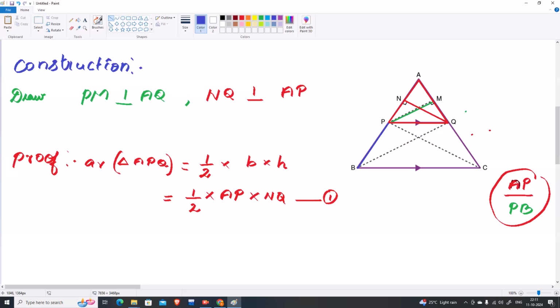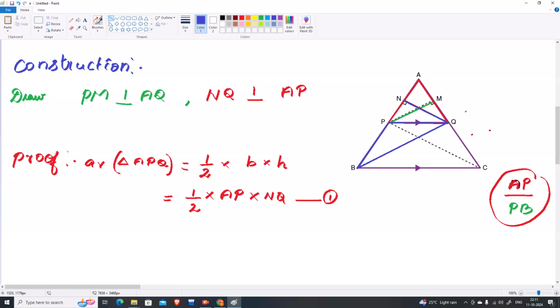Because while dividing, the height will be cancelled, and then we reach our target. So for the same height, I have to take triangle BPQ, and here is the altitude.